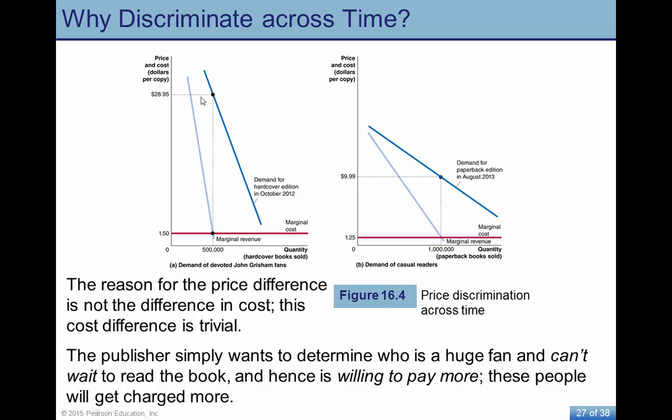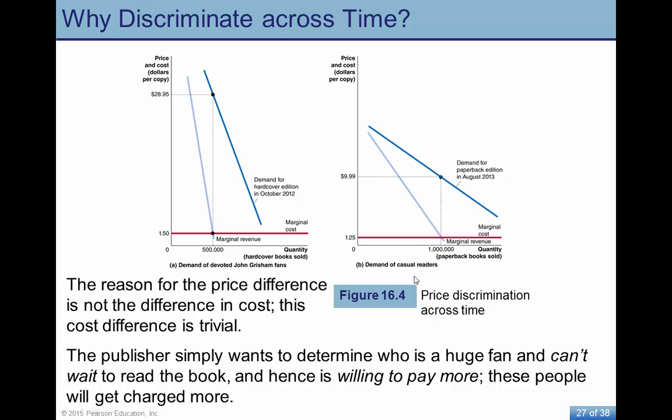So the publisher will charge a high price, $28.95. And look at my cursor. At that price, marginal revenue equals marginal cost. So this is the profit-maximizing publication. And they will sell 500,000 hardcover books at a price of $28.95.